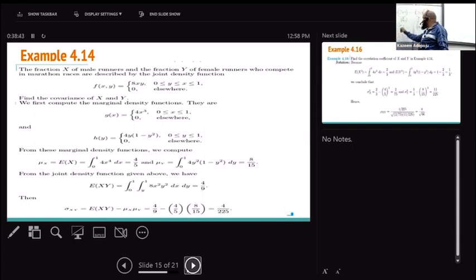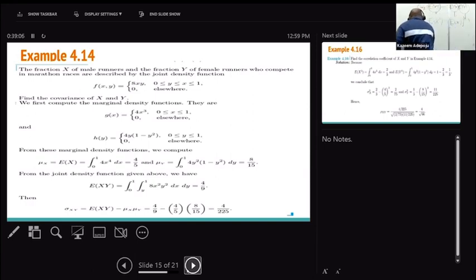If they ask me correlation, I'm going to put this guy. But I need the variance. Don't forget what we did the other time. If I want to get the variance, okay, sigma square x is going to be expected value of x squared minus expected value of x all squared.